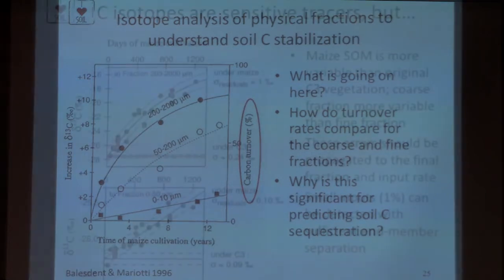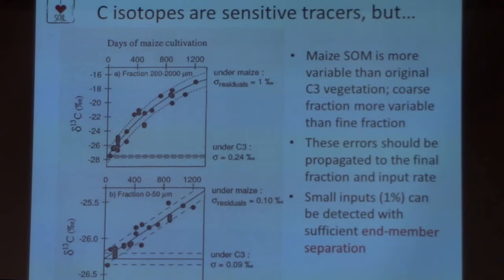And so this is another view on that same study, but it's also showing you some more of the raw data that has some important points going back to the end member thing and the mixture and the mixing model, error propagation. So this is the coarse fraction. This is the fine fraction.